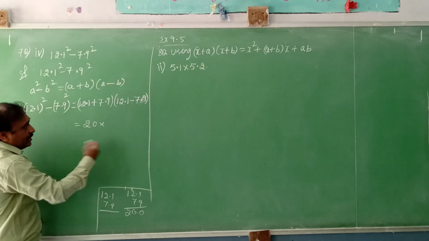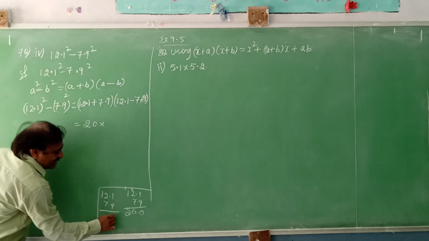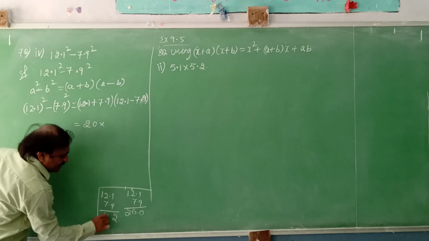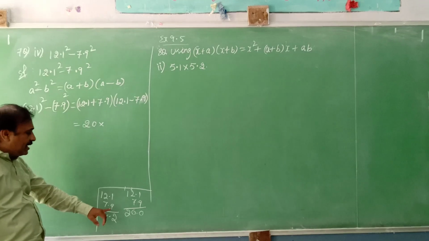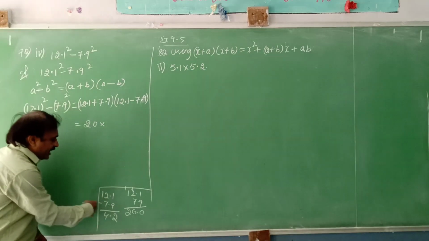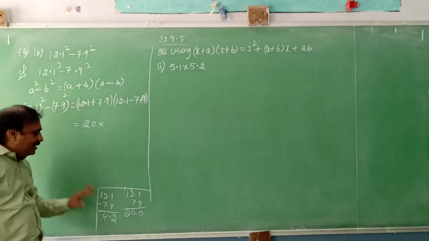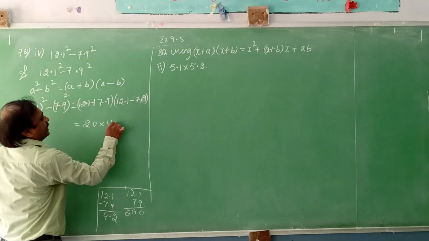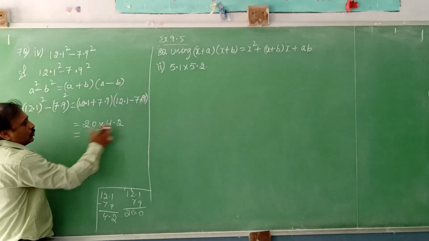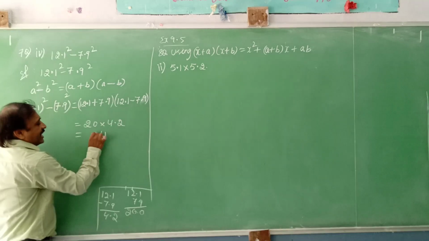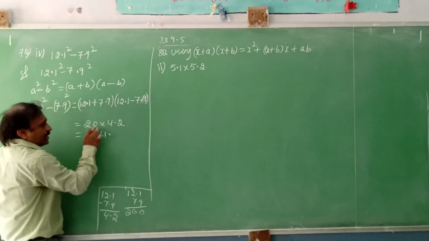If you subtract 12.1 minus 7.9, borrowing, 11 minus 9 is 2, and 11 minus 7 is 4, so 4.2. So it is 20 into 4.2. 2 2s are 4, 2 4s are 8, and 0 is there.